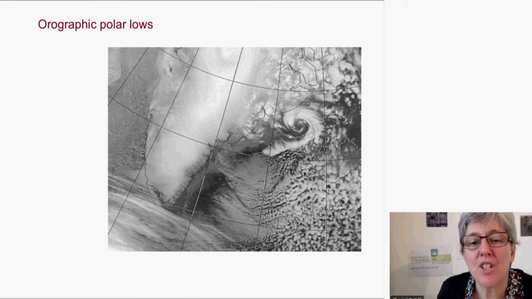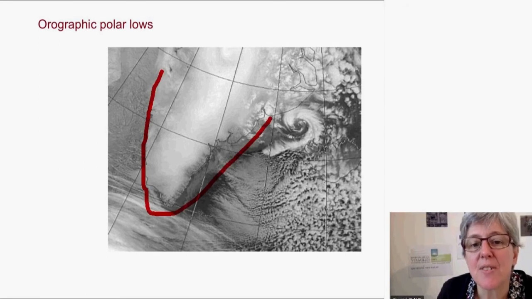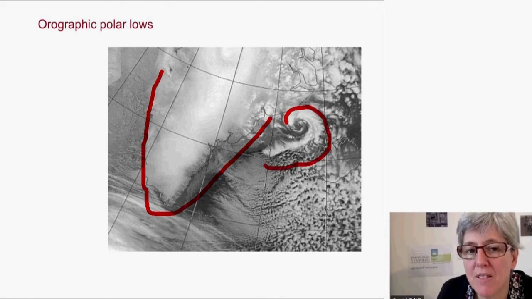One additional type of polar low is related to the presence of topography, of land, of altitude. Here, this is Greenland. The polar low which develops here occurs because of the orography of Greenland. Greenland is an ice sheet with an elevation of, let's say, 3,000 meters.